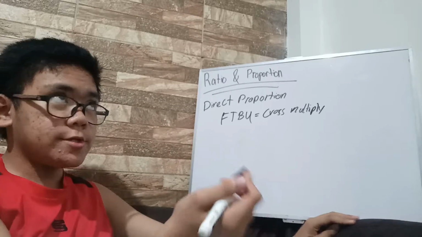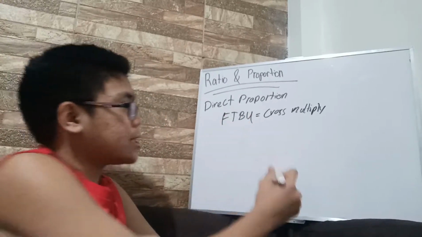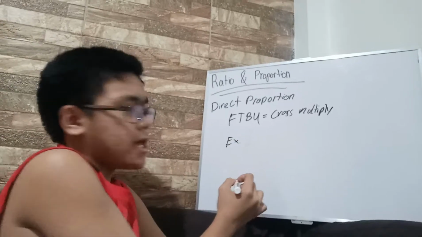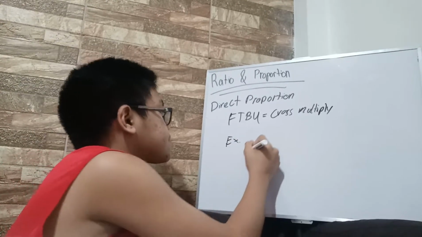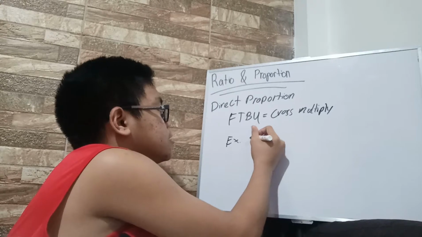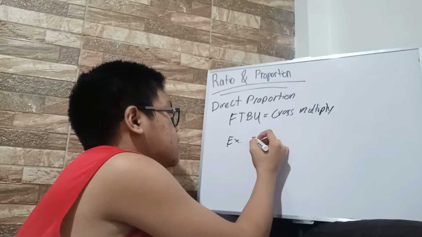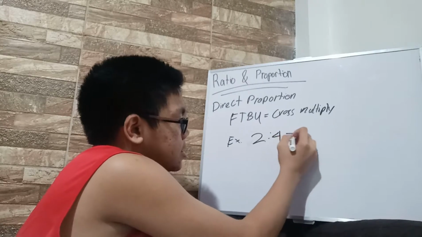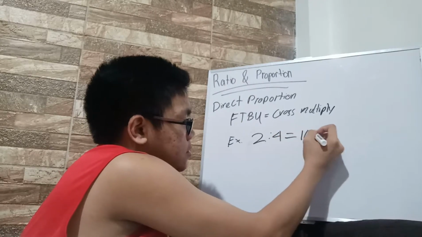For example, this is another example. This is already given: 2 is to 4 is equal to 10.